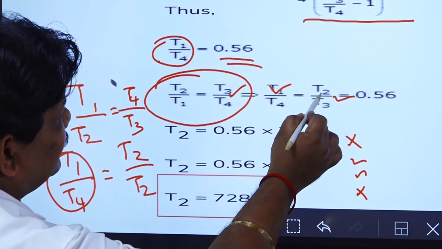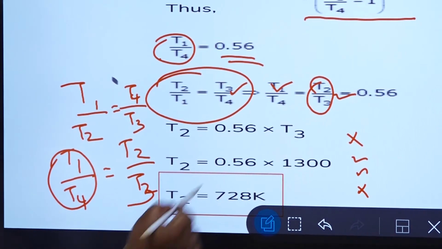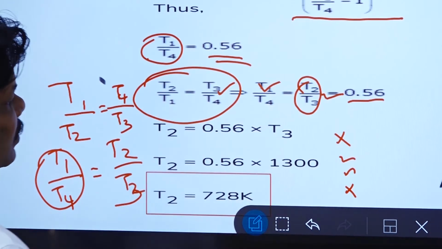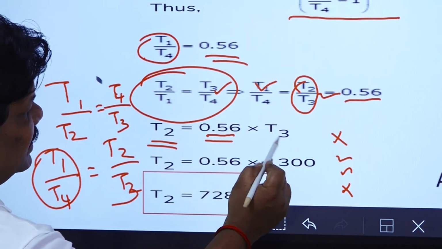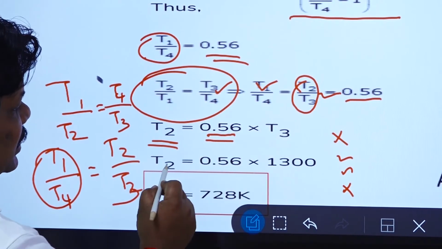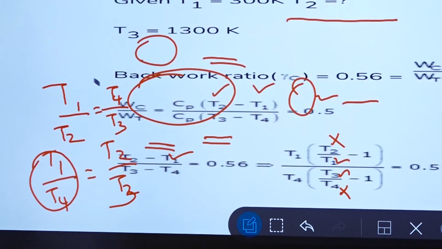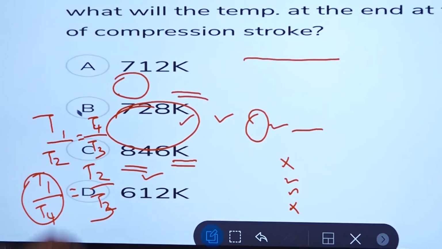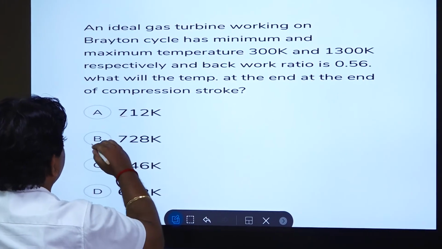So for T2 by T3 also you can substitute 0.56. So T2 is equal to 0.56 into T3. From this you can find the value of T2, which is equal to 728 Kelvin. So you can see that the option is B, that is 728 Kelvin.